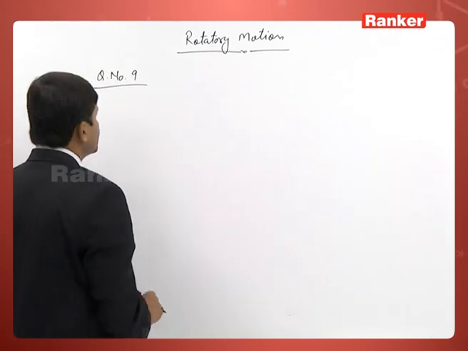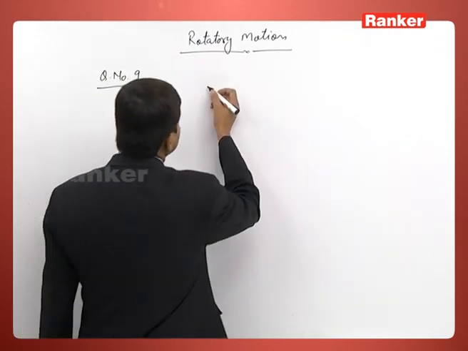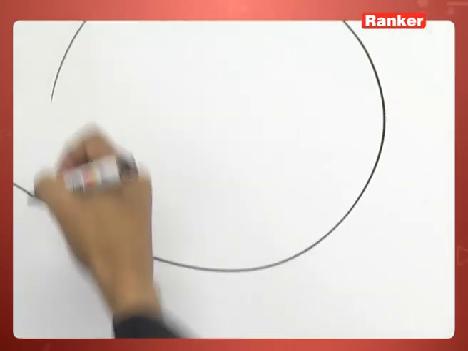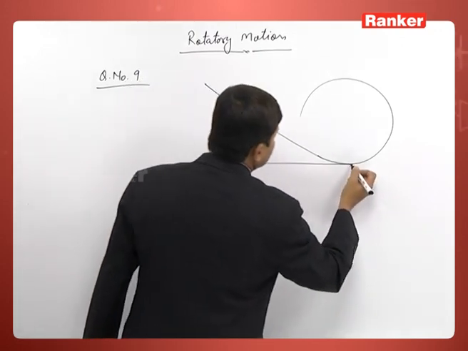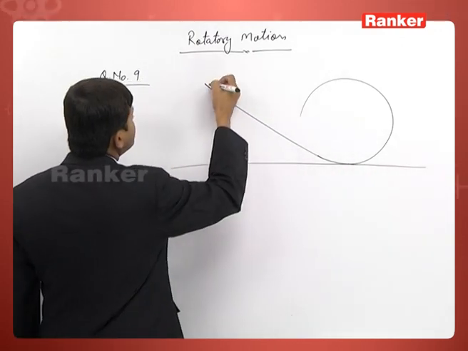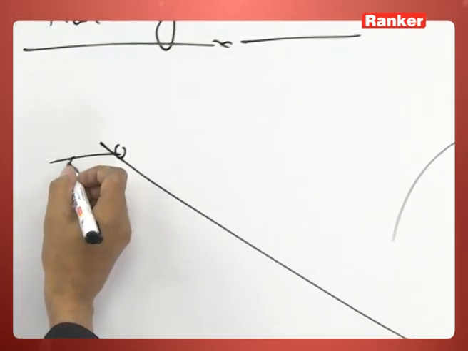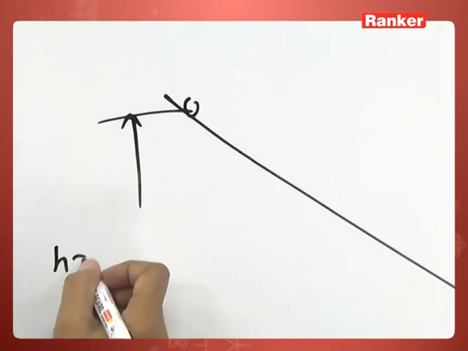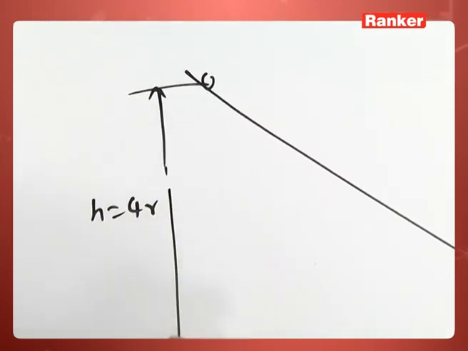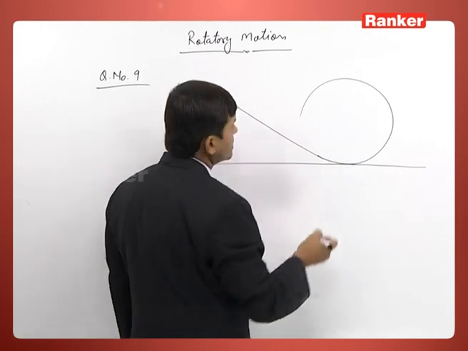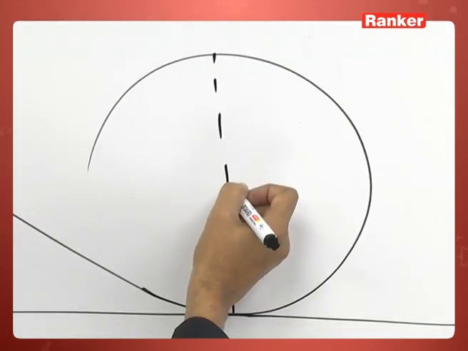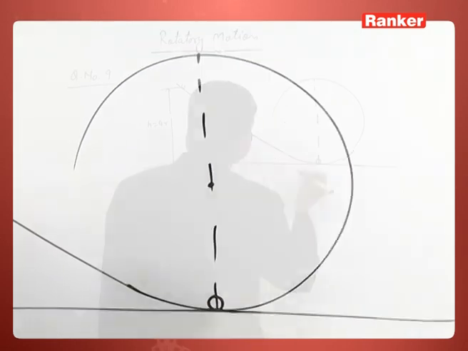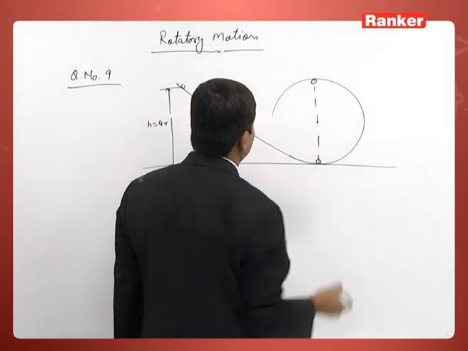It's a very similar problem to the last one. This is the inclined plane, and now a particle has been released from a height 4r. They are asking what is the normal reaction at the lowest point and at the highest point.